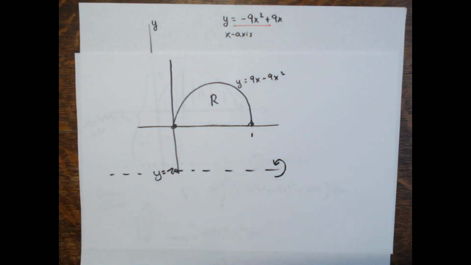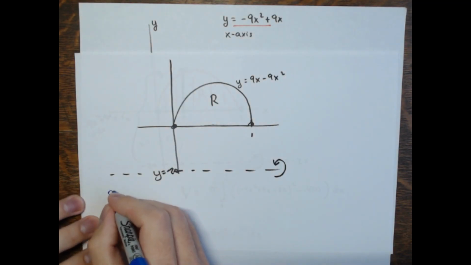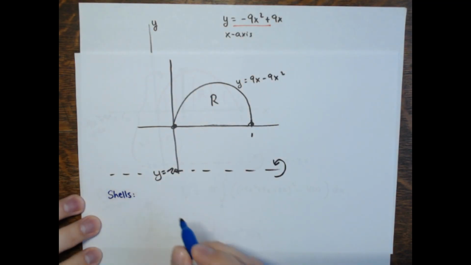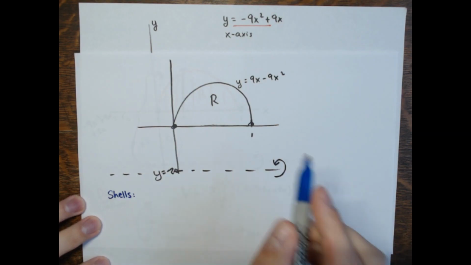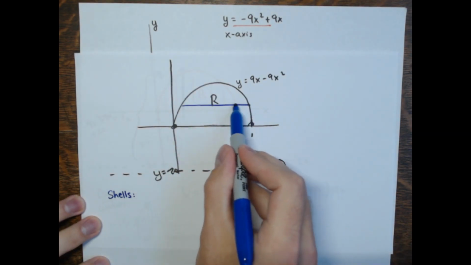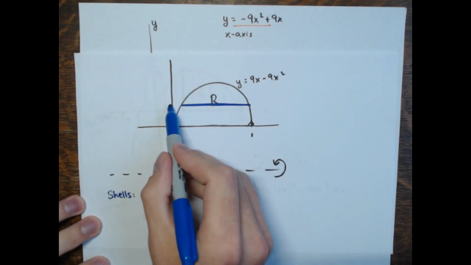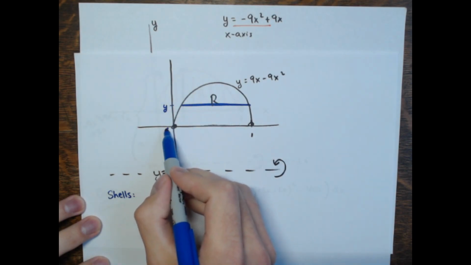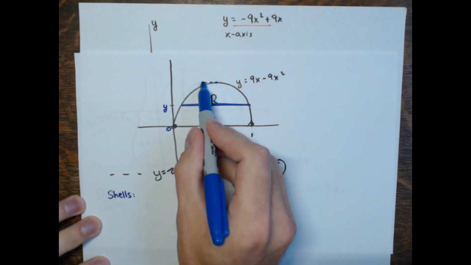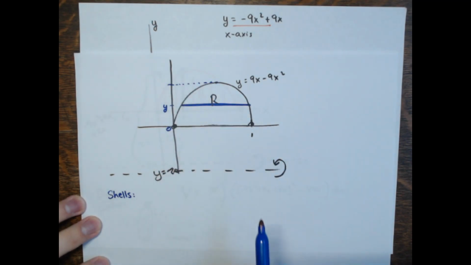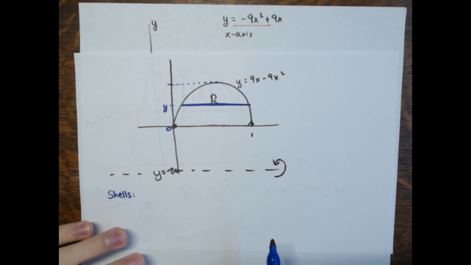Okay. Now, if I'm doing shells, we're going to take a slice parallel. If I'm doing parallel slices here, that's going to correspond to some y value from 0 to, I need the y coordinate up here. So I need to know the vertex of this.